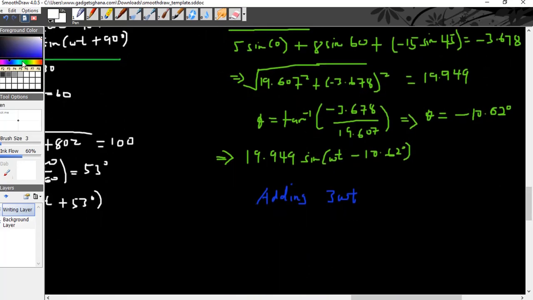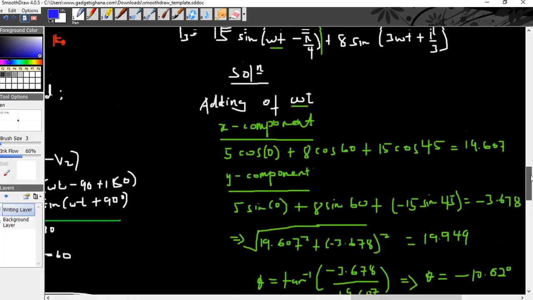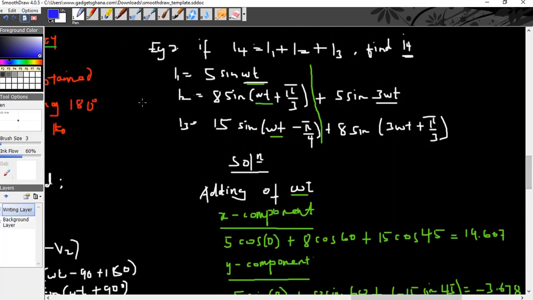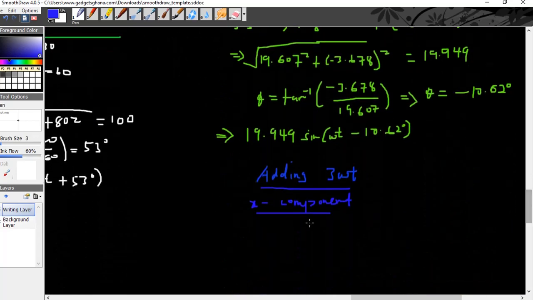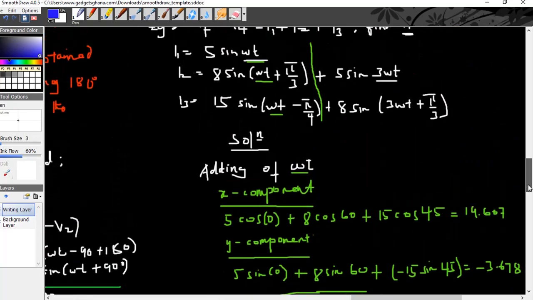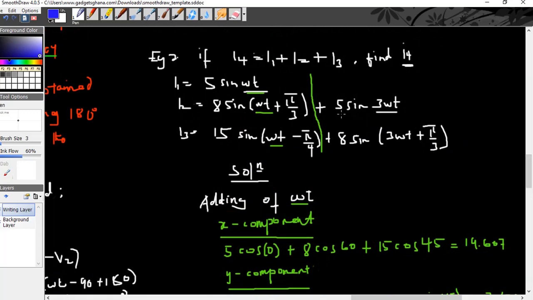Right, so from here we are taking the s and y component for this portion of the question. Okay, so for the s component, let's look at that portion. For I1 we don't have any value for the s component, so that will be 0. Okay, plus we have 5 for the s component.